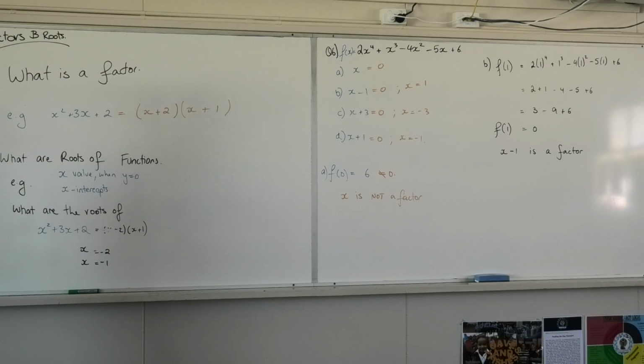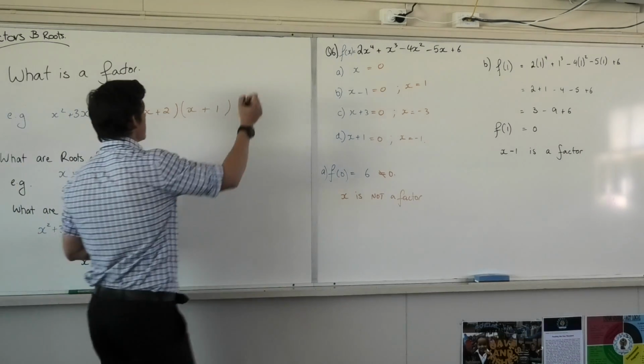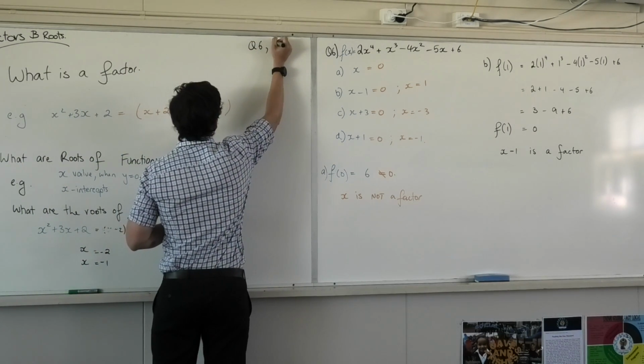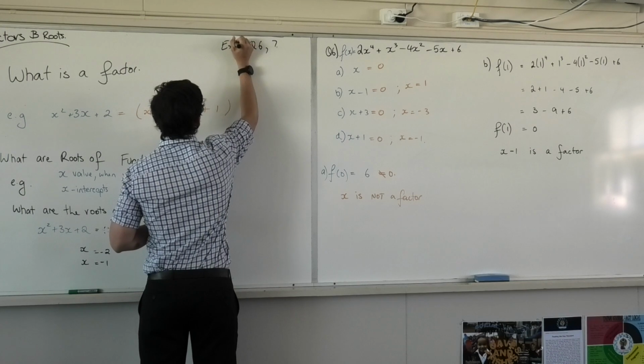Have a go. What do you have to do for C? Let x equal negative 3, solve, see what it equals, correct? If it's anything but 0, is it a factor? If it is 0, we've got ourselves a factor. So we're going to do question 6 and question 7 in exercise 3.3.